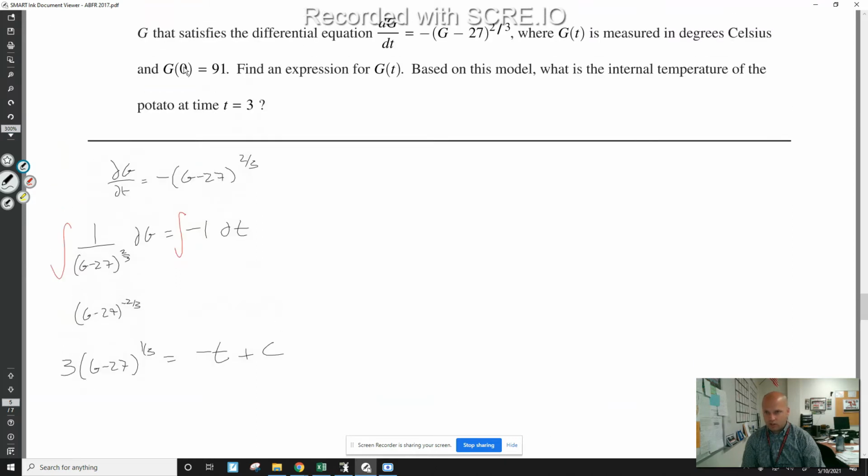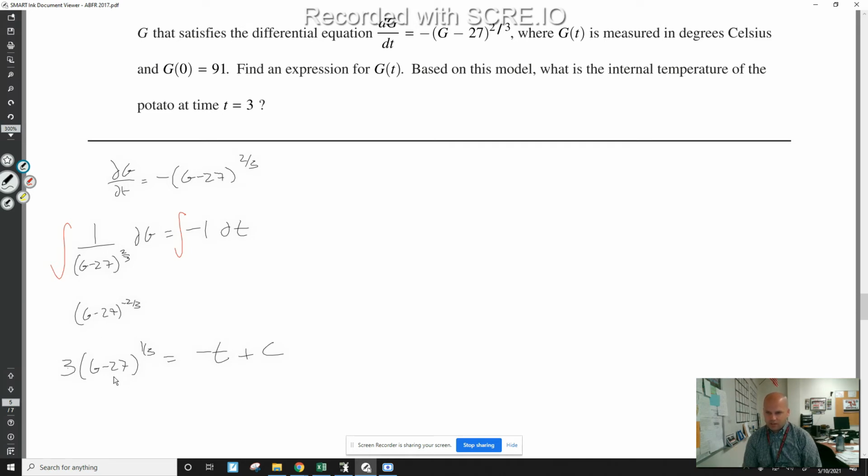I have the original condition g of 0 is 91. So I can find c now if you wanted to. I don't know if it's easy right now to do it or if we should wait.